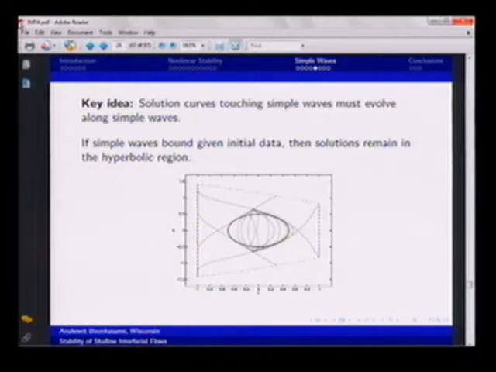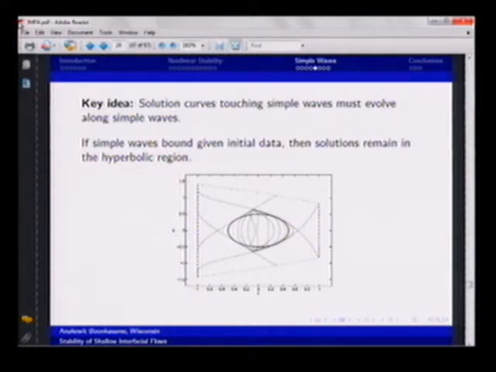So I have this initial data right here, and I bound this initial data with 4 simple waves that are tangent to it. You would expect the solution to remain in this bounded region. And that's exactly the case. So if you evolve the system set of 7, you would get the solutions bounded in this region.